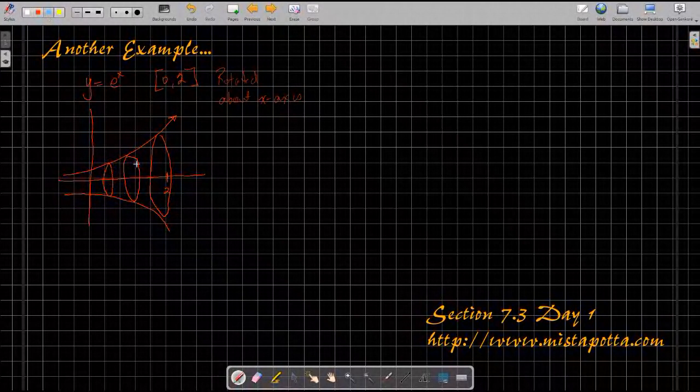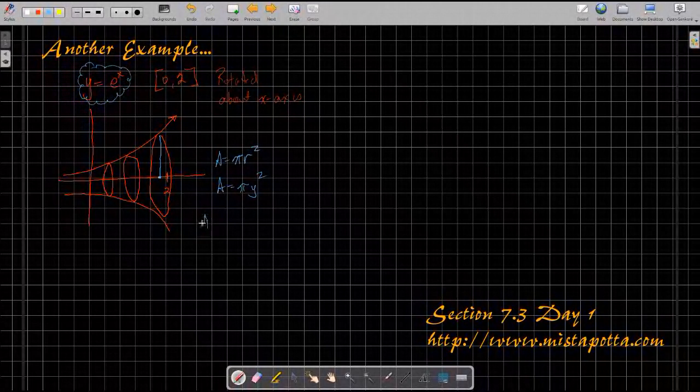So looking at this, since my formula for area is pi times r squared, my radius is always going to be the segment from my axis of rotation to the point on the graph. So it ends up being pi times y squared. But we know what y is equal to. Y is equal to e to the x.